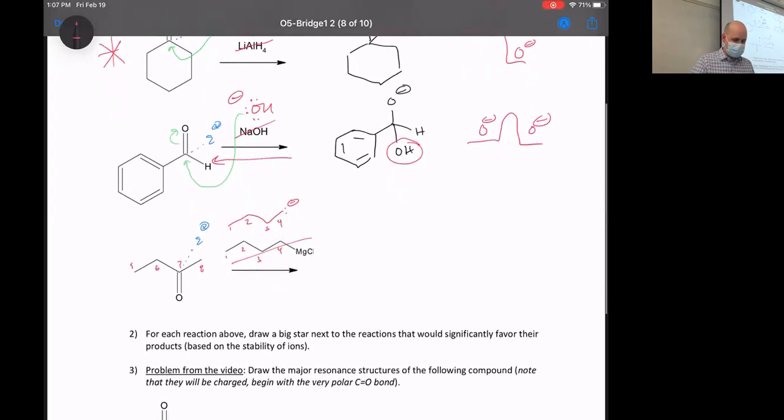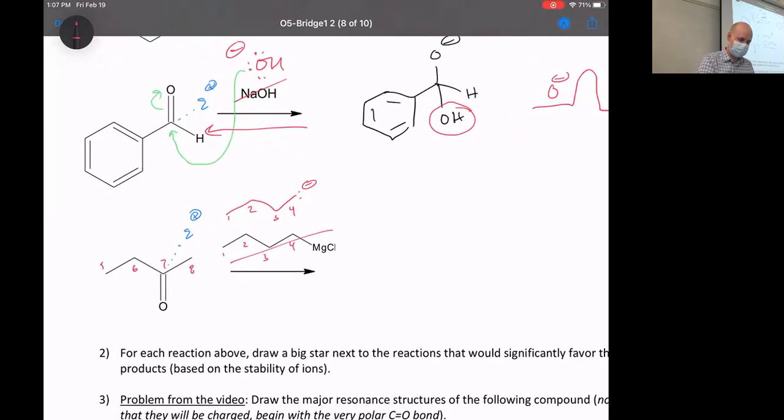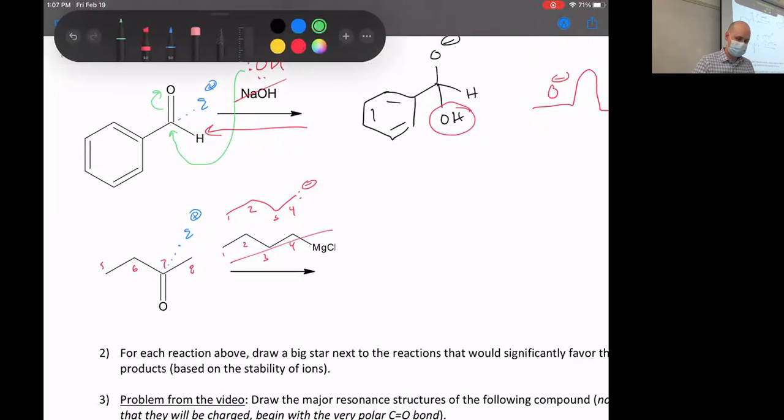All right, our last reaction here. So Miguel, what's my nucleophile specifically for this third reaction? Four carbons, so butyl. Right, so this carbon number 4, which was the carbon attached to MgCl in your Grignard reagent, that's your nucleophile.